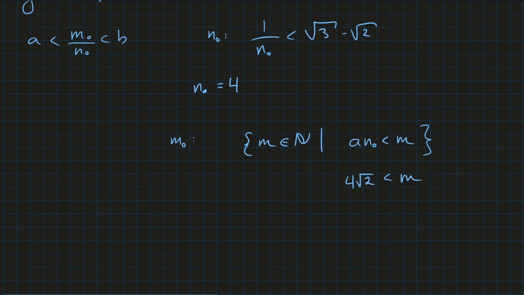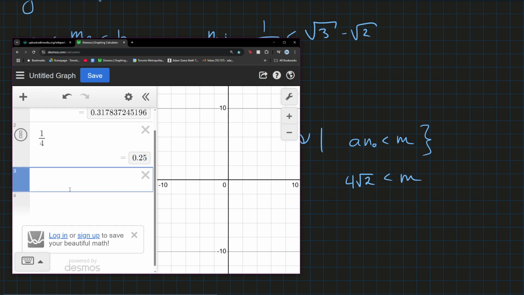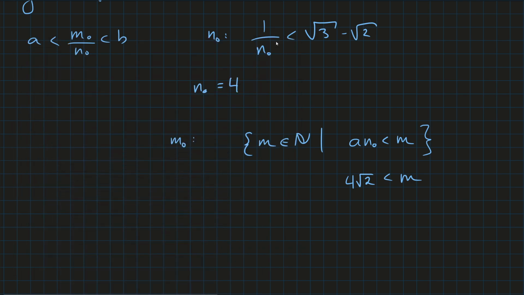So all the natural numbers that are bigger than 4 root 2. Again, we're going to just do some numerical approximations here. So 4 root 2 is 5.65, whatever. So the first natural number that is bigger is 6. And so we fix m naught to be 6.